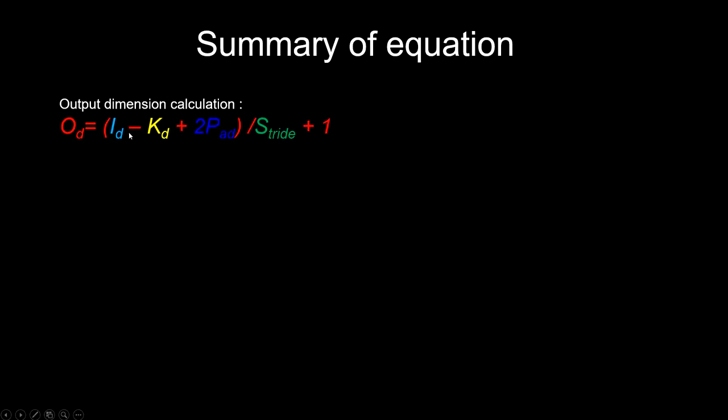So the first one is for every dimension of the convolutional process. You can calculate the output dimension by using this simple equation in which ID is the input image or input features dimension, minus KD, the kernel dimension, 3 by 3 or 5 by 5, and then padding, how many paddings you want to use, 1 or 2, and then stride, which means how many steps you want to skip during the convolutional process.